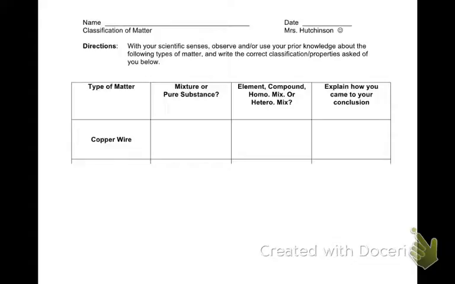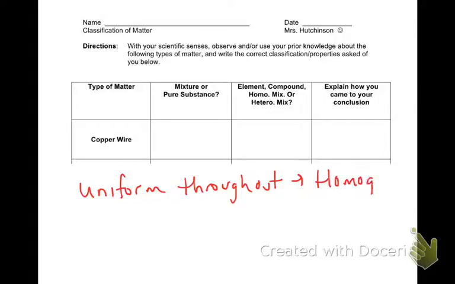Is it uniform throughout, yes or no? Yes, it is uniform throughout. So that means we're talking about something that is homogeneous. Since it's homogeneous, can copper wire be physically separated?